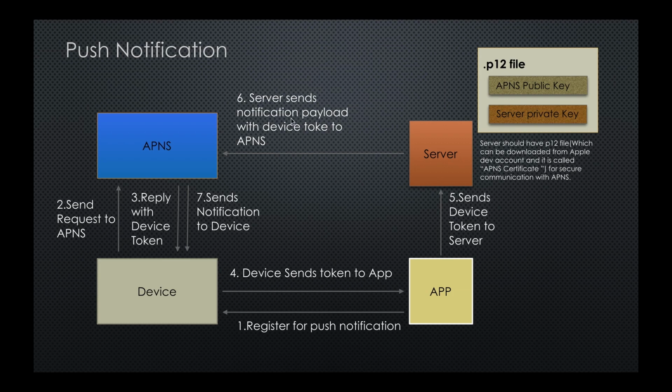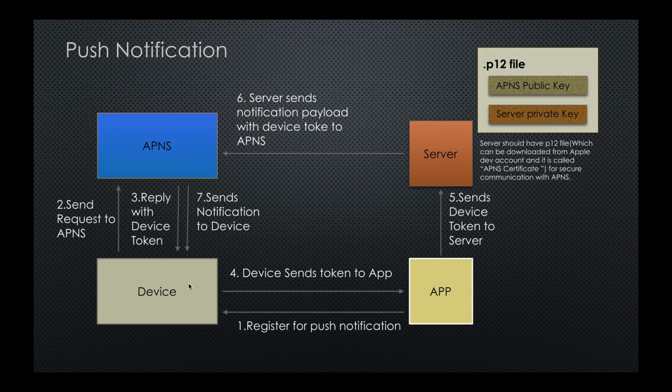So the server sends the notification payload with device token to the APNS server. I had just written toke, I'm so sorry, it should be token. Once the APNS server has the message in payload, it sends the notification to the device.